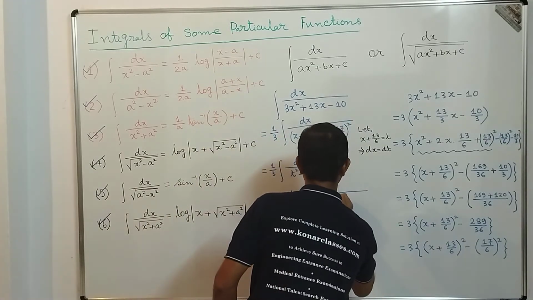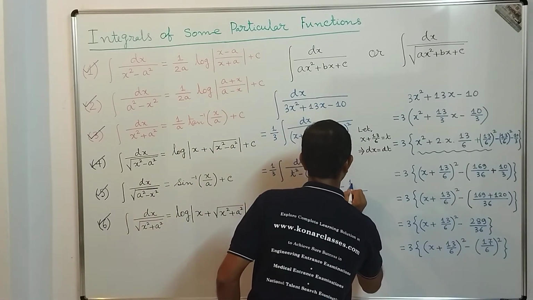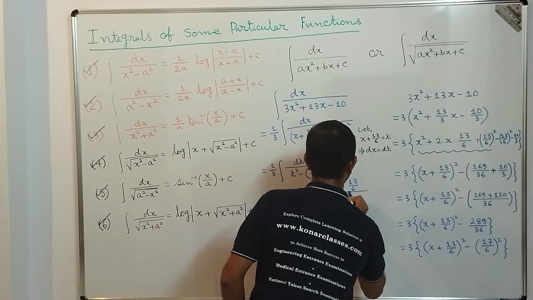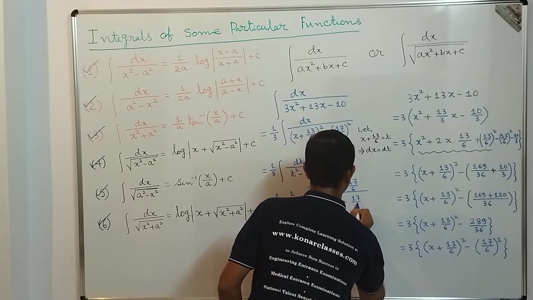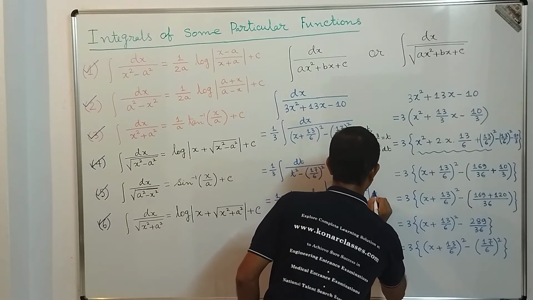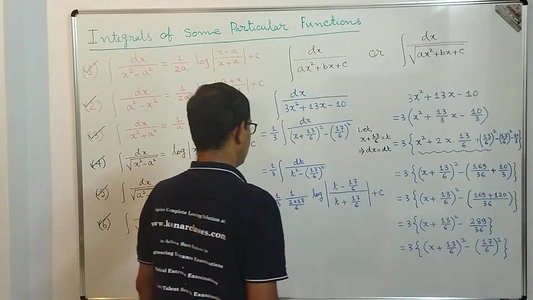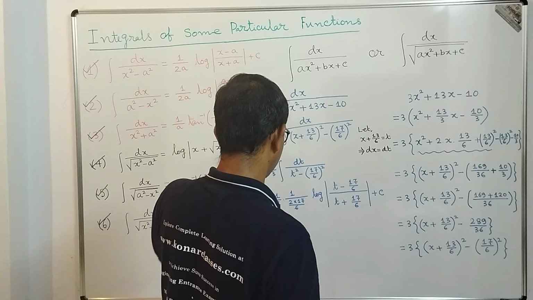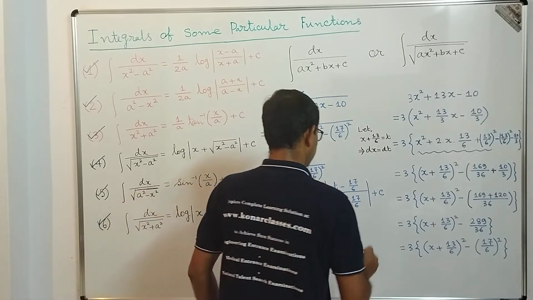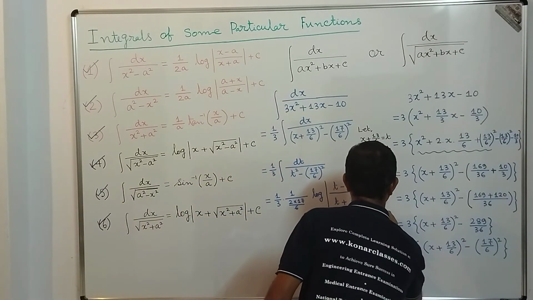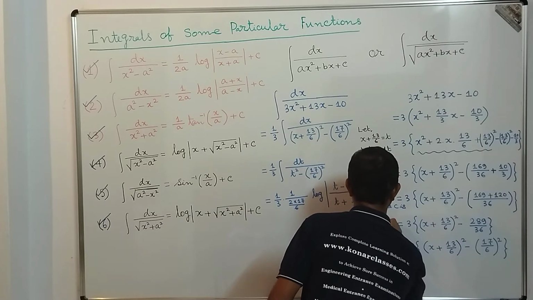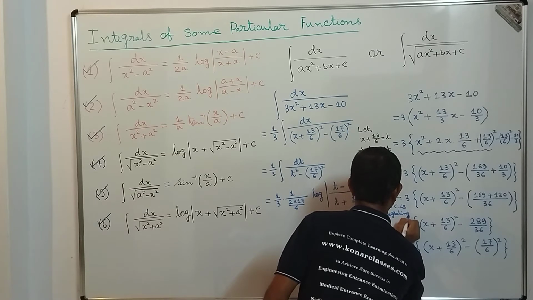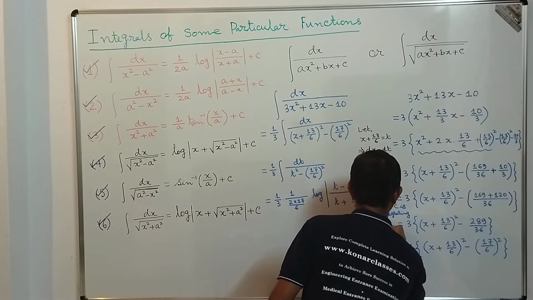So you write t minus 17 by 6 divided by t plus 17 by 6 plus c, where c is the integrating constant.